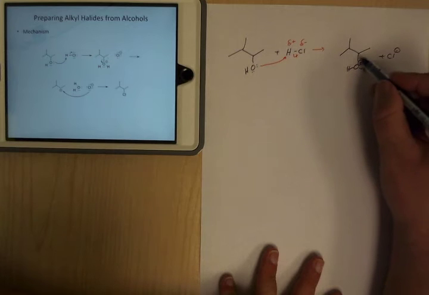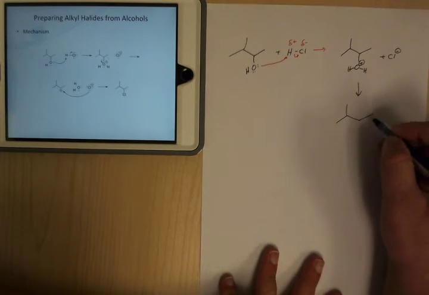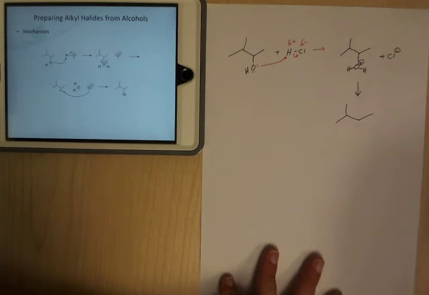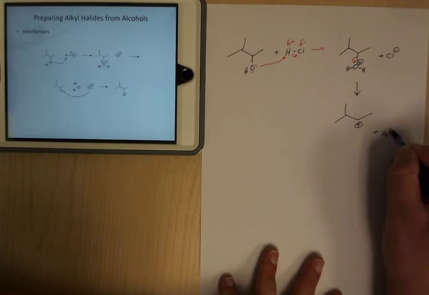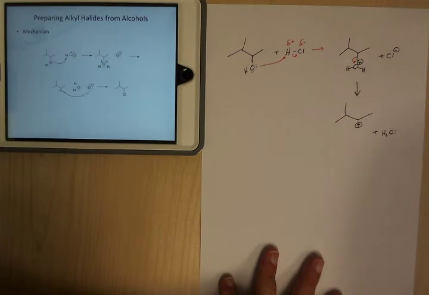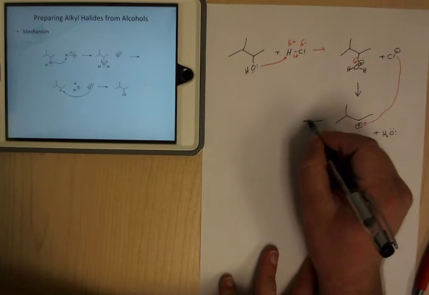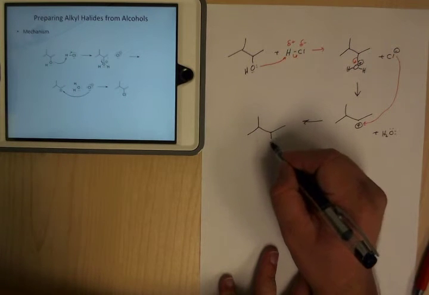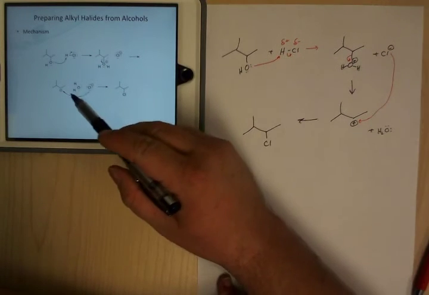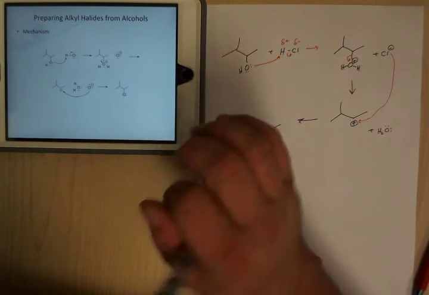So this guy here, it's always really good to have water leave, and when that happens, you form a carbocation here, plus water. And since you have this carbocation here, this guy can come in and attack to make your chlorine. So the water leaves to leave a carbocation, to which the chlorine can come in and attack to substitute.